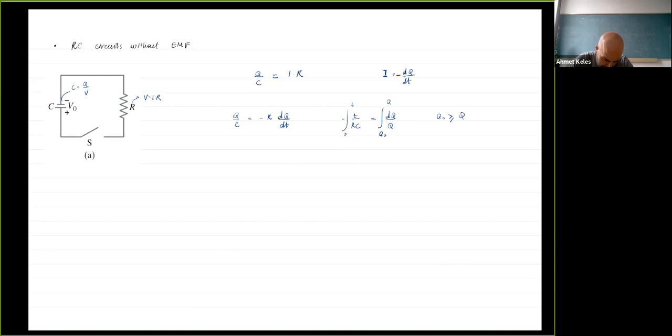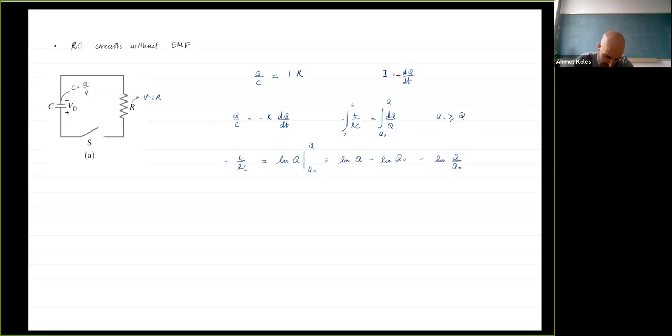So the left-hand side is minus t over RC, the right-hand side is ln Q from Q0 to Q, which is going to be ln Q minus ln Q0, or equal to ln Q over Q0.